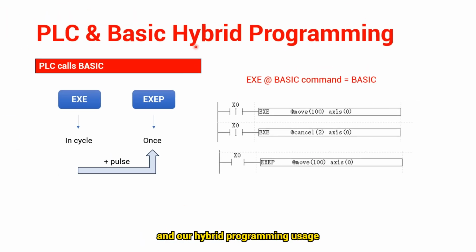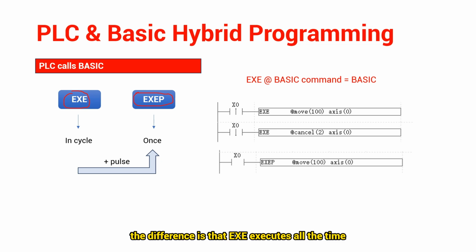Enter our hybrid programming usage, specifically PLC and BASIC mix. As we all know, BASIC is also our old friend, a kind of programming language. In the mixed usage, the first one is PLC calls basic commands through EXE or EXEP instruction.